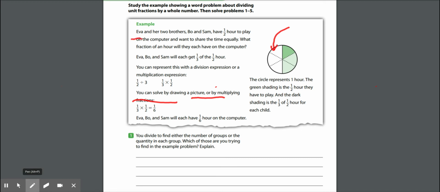Well, it tells us that we're making 3 equal groups. So I don't think we're trying to find out how many groups we're trying to make, but we're trying to find out how much is in each group. Your answer should say something along the lines that you're trying to find out how many are in each group, not how many groups we're trying to make. Okay.